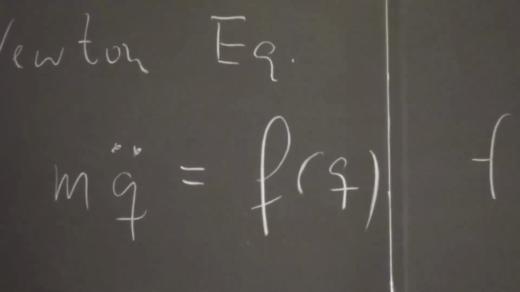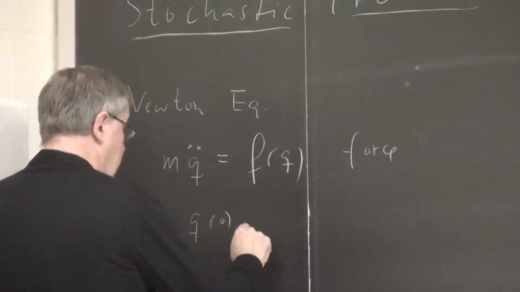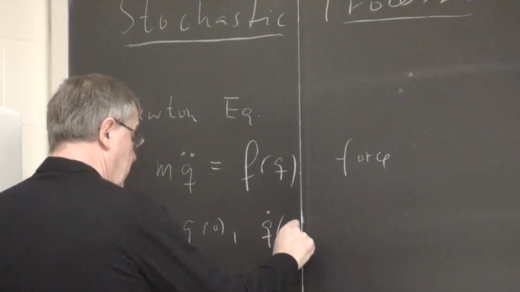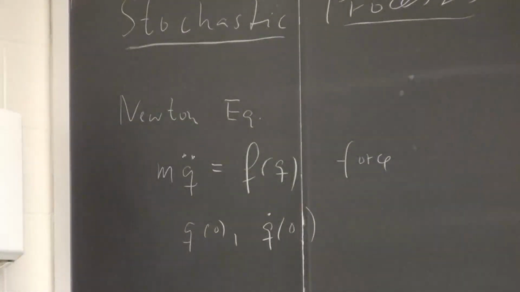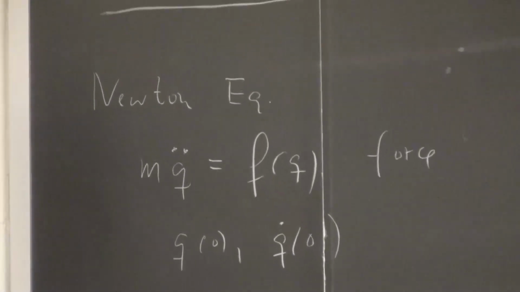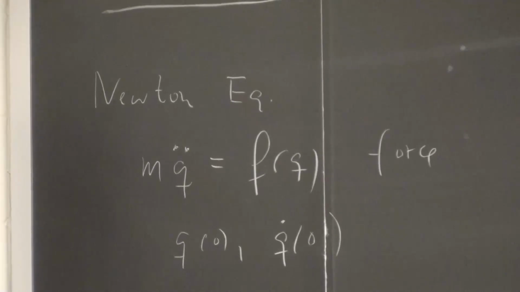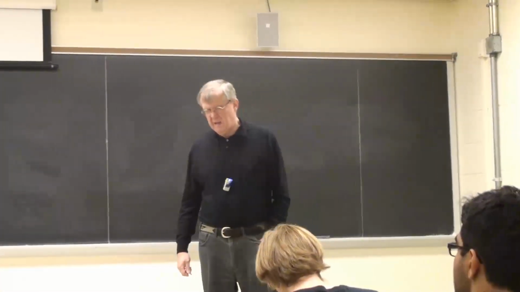We would have to give Q at the initial point. We have to specify the velocity at the initial point, and then we can integrate it, and we get the famous laws of the planets and many other laws that we learned doing classical mechanics.